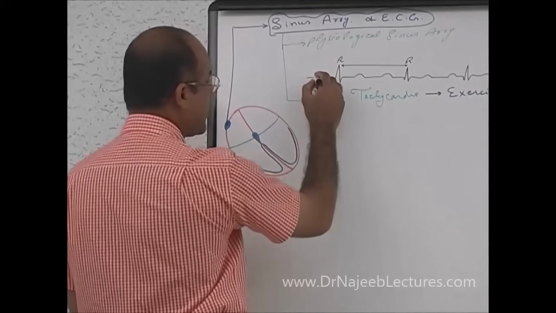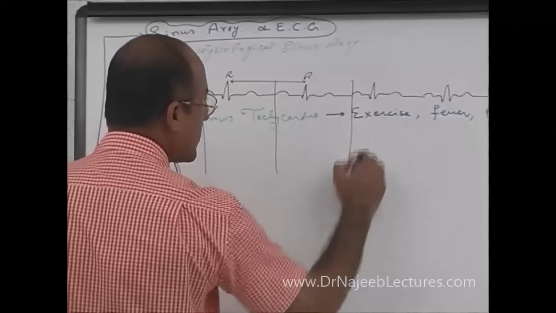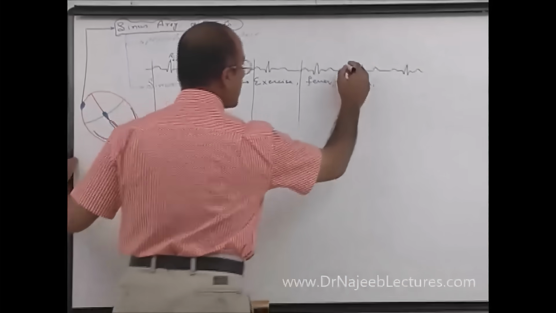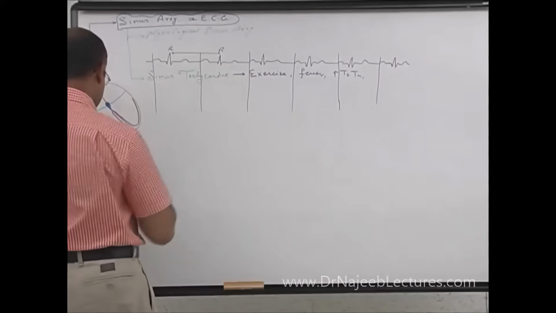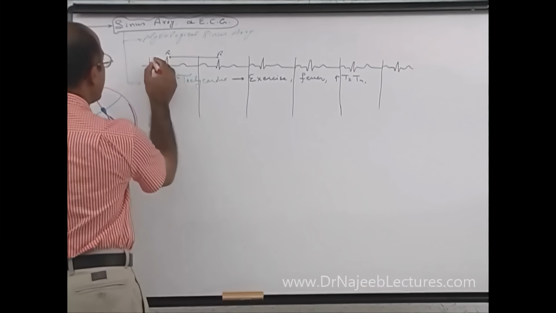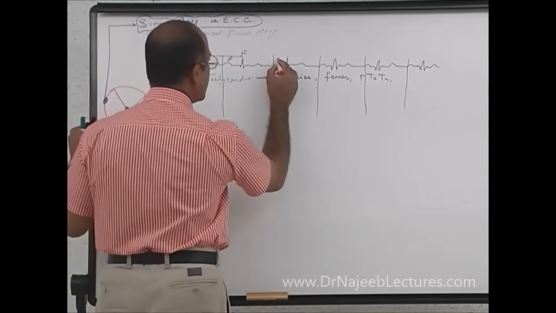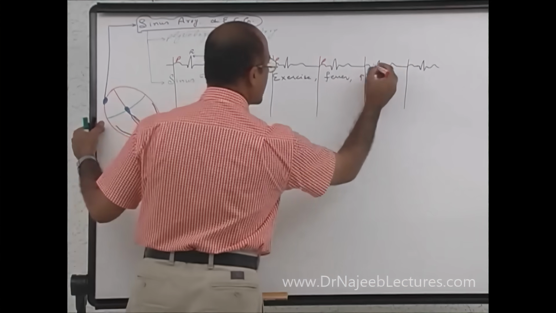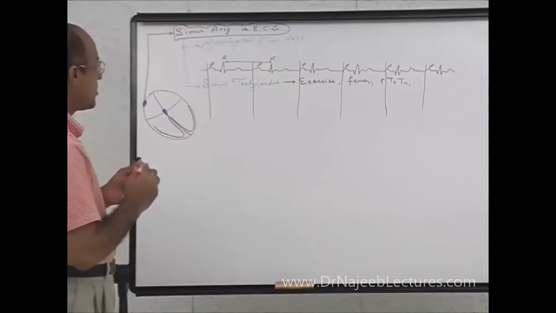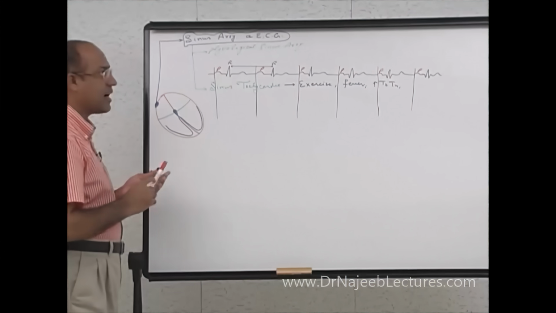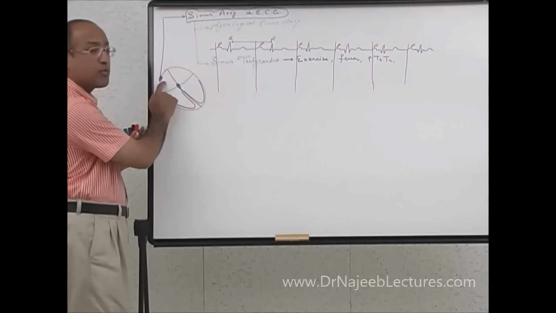Look, this was the normal. Now, these were the P waves, and of course, these P waves represent atrial depolarization, which is occurring due to sinus activity. Now, if there is sinus tachycardia, what will really happen is that the SA node will be firing more frequently.